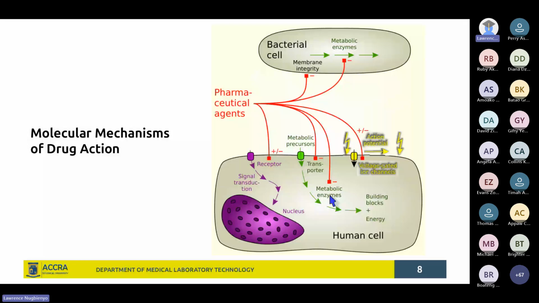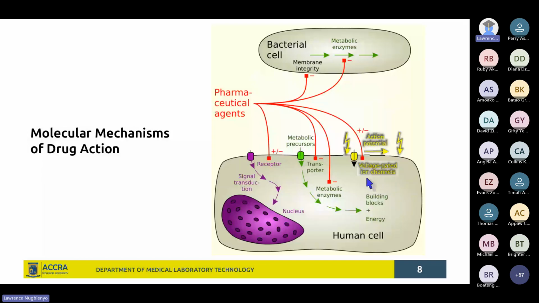These enzymes are supposed to catalyze the biochemical reactions, and the pharmaceutical agent comes to inhibit those enzymes. Then that, of course, is going to inhibit the whole of the metabolic process that is being targeted. Or we have what we refer to as some voltage-gated ion channels.